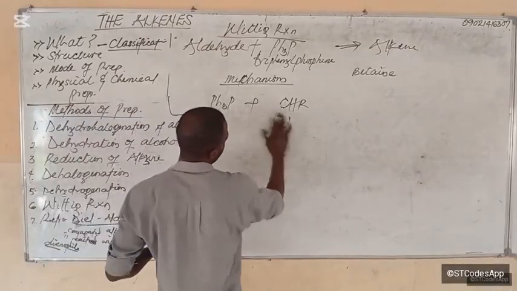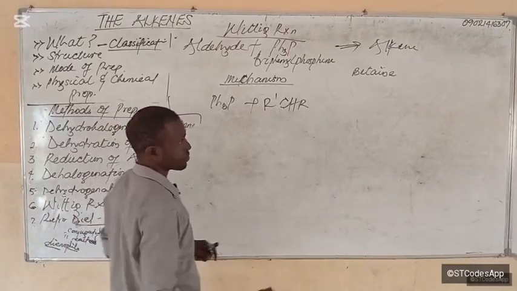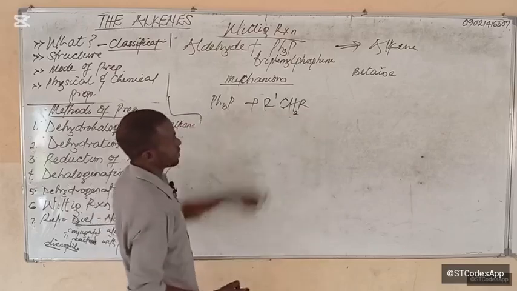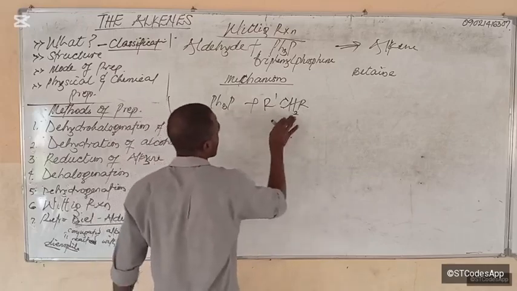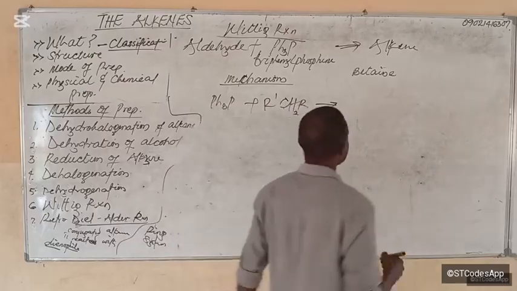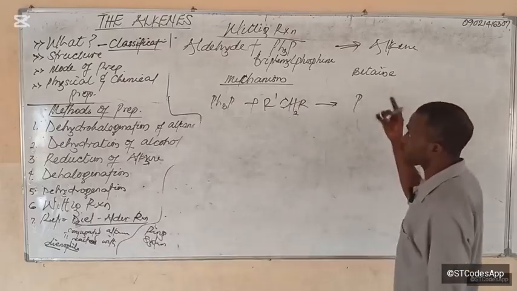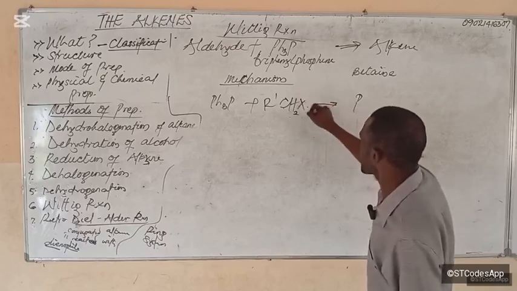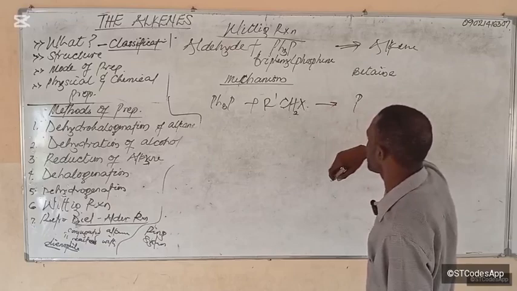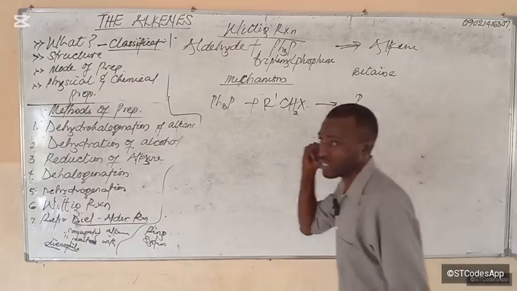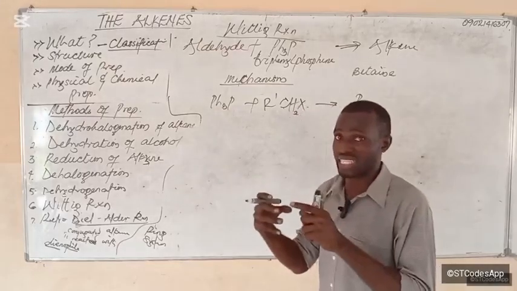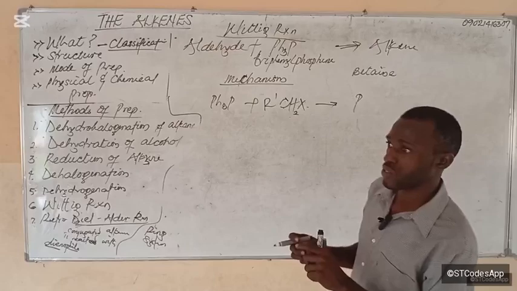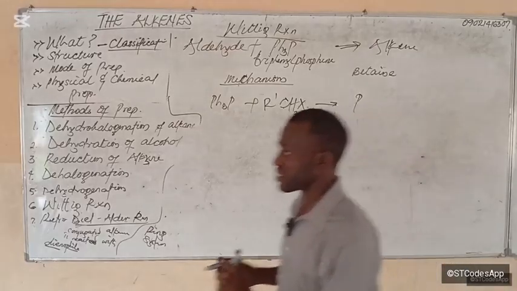When they react, they are going to form a salt. It has to be a large alkyl halide, a large molecule, so that's why I'm putting two R's. So you have this.